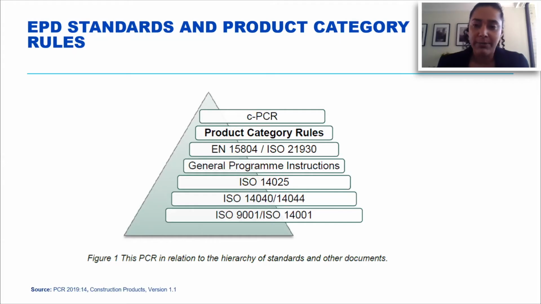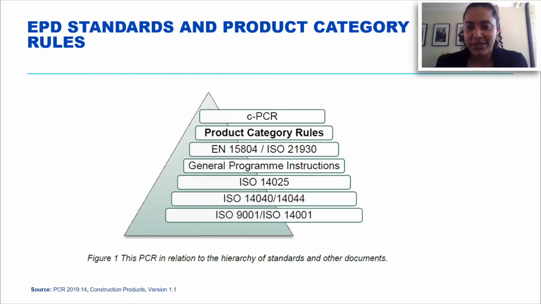Next, we have the ISO 14025, which is the one that gives the rules for how EPD programs should be developed. And on top of that is actually the general program instructions. So once you decide to publish your EPD with a certain program, in our case, EPD Australasia, this program will also have its own general set of rules that you also need to follow.